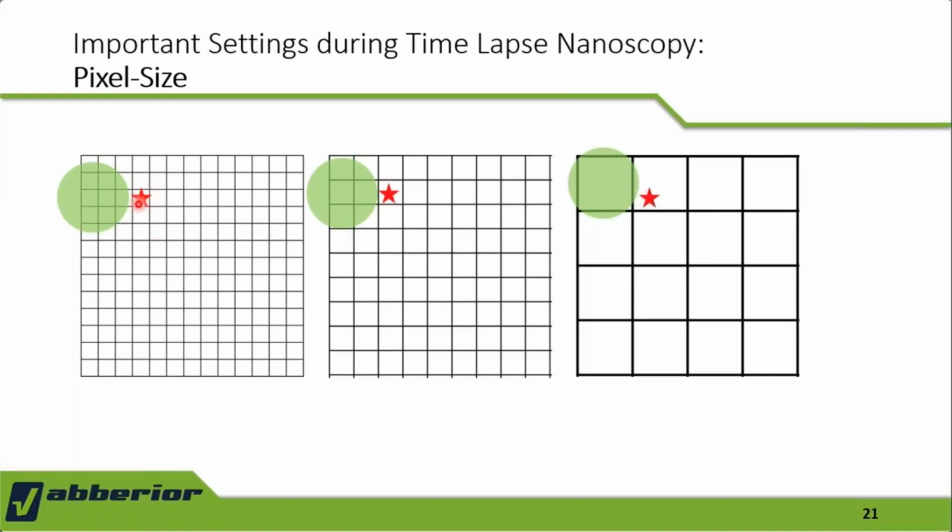Now, what will happen with the fluorophore when we start scanning? It will stay quite a long time in the excitation spot and then also in our STED spot. But if we enlarge the pixel size, then the fluorophore will stay a shorter time in this excitation spot, and quite a short time if we enlarge the pixel size even further.